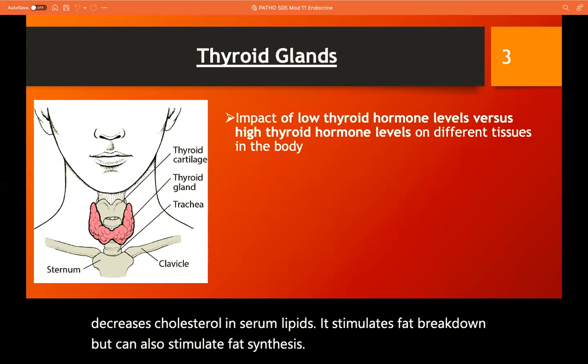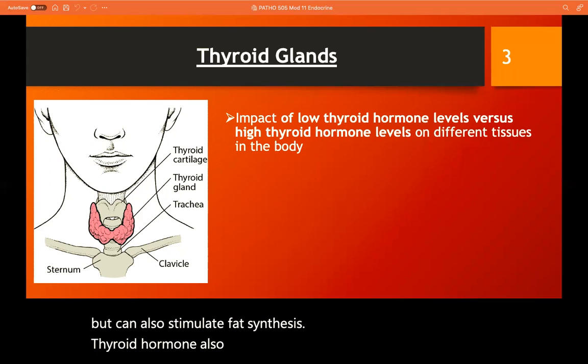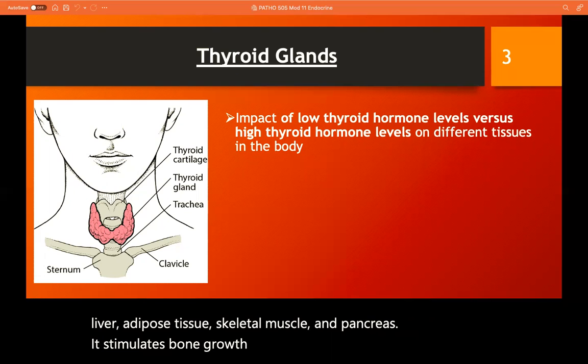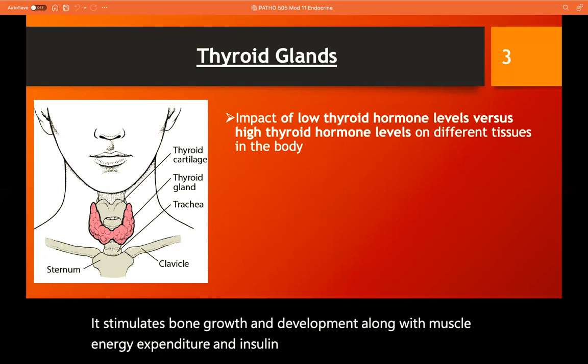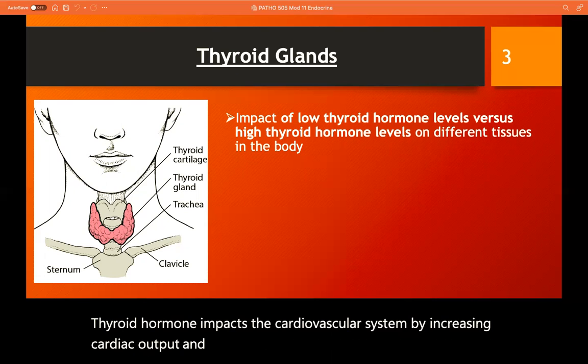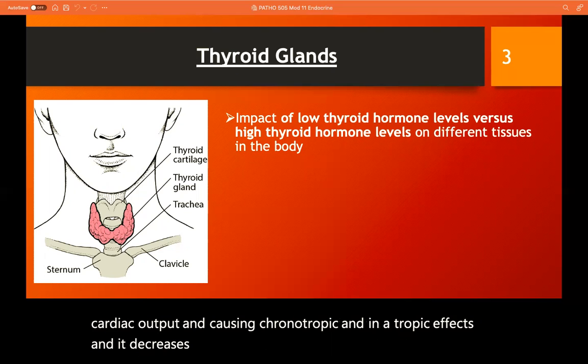Thyroid hormone also influences carbohydrate metabolism in the liver, adipose tissue, skeletal muscle, and pancreas. It stimulates bone growth and development, along with muscle energy expenditure and insulin sensitization. Thyroid hormone impacts the cardiovascular system by increasing cardiac output and causing chronotropic and inotropic effects, and it decreases systemic vascular resistance.